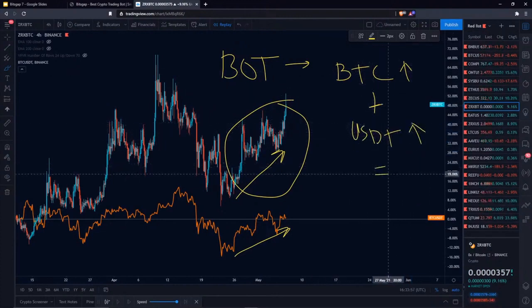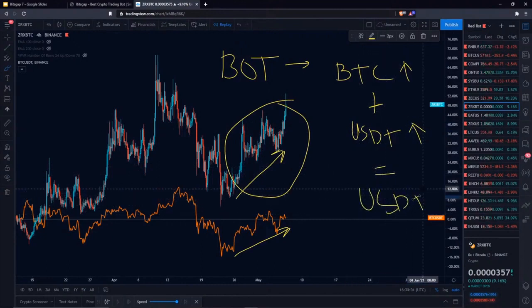Since for me, the benchmark is USDT, the return you made in USDT, for me, that's the only sound metric to take into account. I only evaluate my success in USDT, because by the end of the day, you realize that USD is the currency that works for all of us. You can use it to buy goods, you can use it to buy properties and all that stuff.